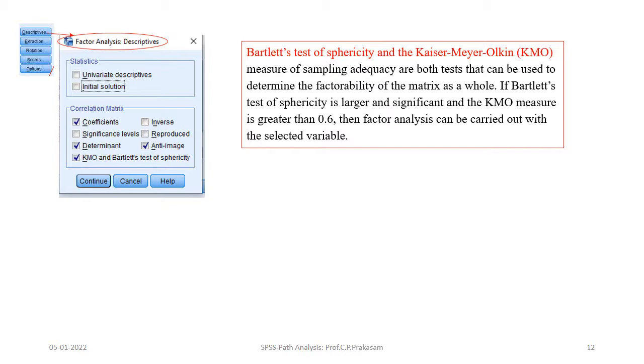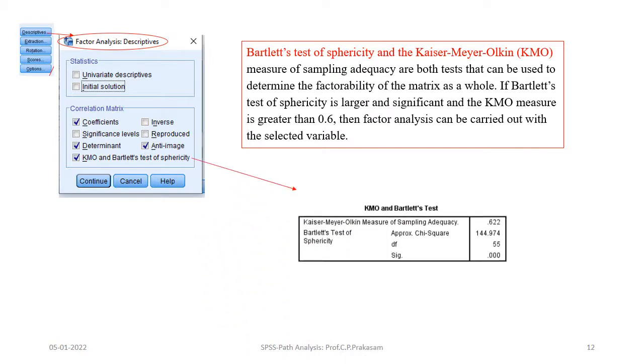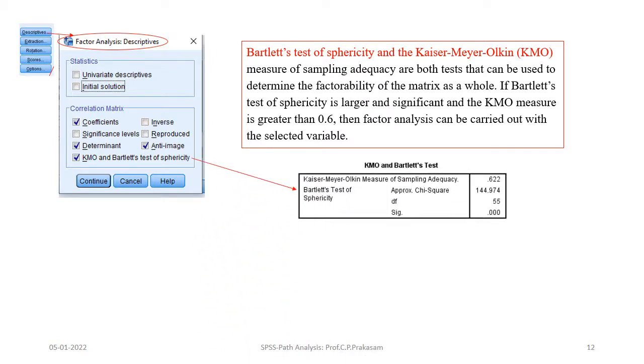If Bartlett's test is not significant and KMO is less than 0.6, then factor analysis cannot be carried out. Let us see the output by clicking that button, then you will get the output for the existing data. KMO is 0.622 and Bartlett's test is significant.